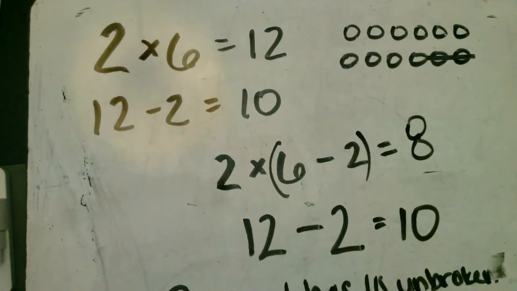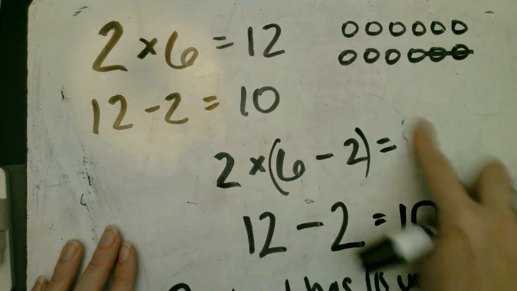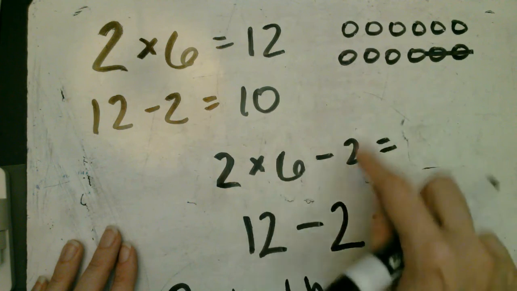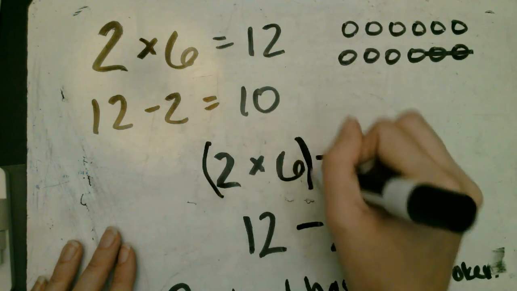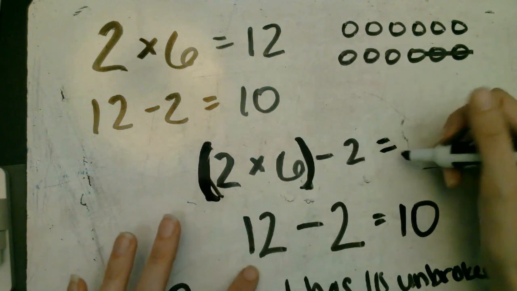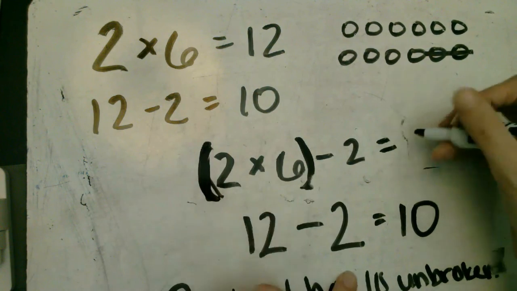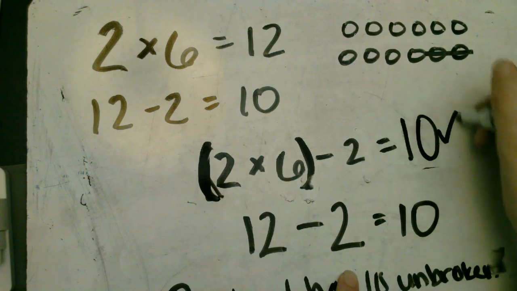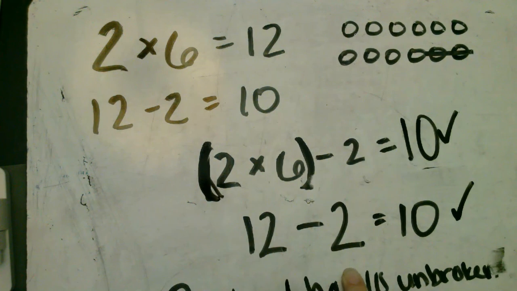It doesn't match up to our picture. Because of that, we needed to shift the parentheses and focus on what Richard started with, that 12, and then what he lost, minus 2. And that gave us the correct answer of 10, like our picture shows us above.